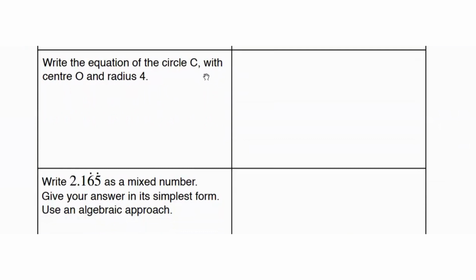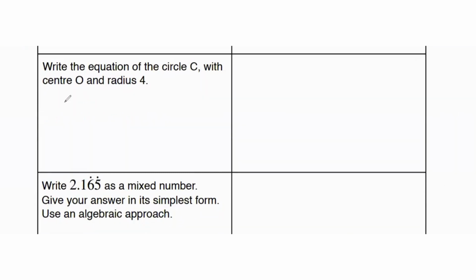Write the equation of the circle C with center O and radius 4. So that's going to be x squared plus y squared equals 4 squared, which is going to be x squared plus y squared equals 16. Why?